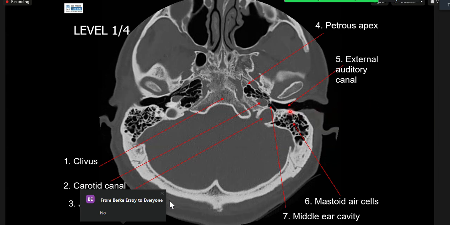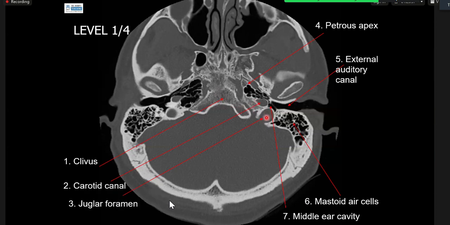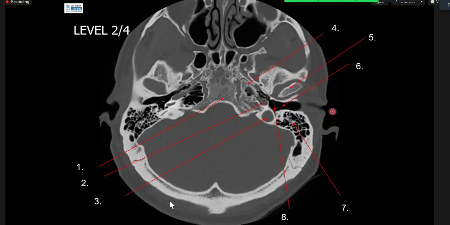So this is the external auditory canal. This is the petrous apex, and part of it is pneumatized here. And of course, this is the clivus, and this is the carotid canal. This is the jugular foramen. And the middle ear cavity is coming into view. This is the TMJ.